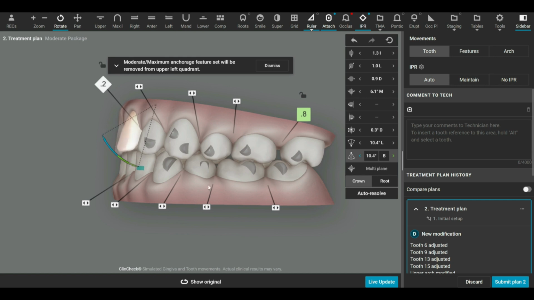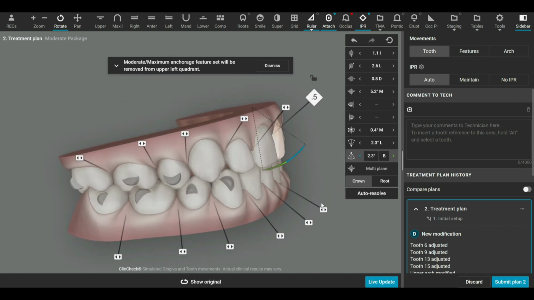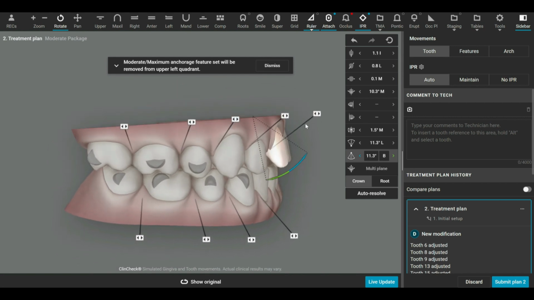If you had a situation where you saw the anterior teeth were flared out to start with, suppose this is the way it was to start with, and you say, "Oh, we don't like that."